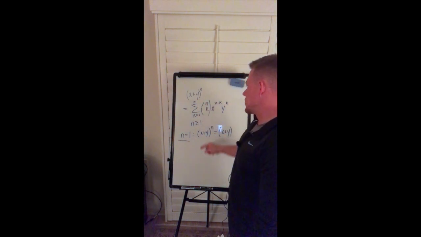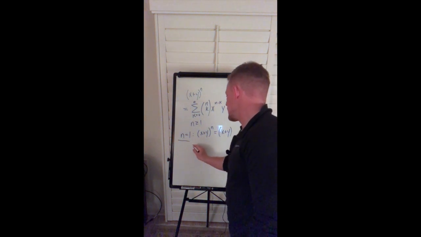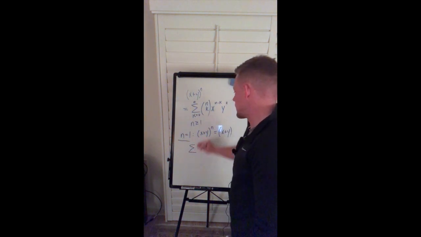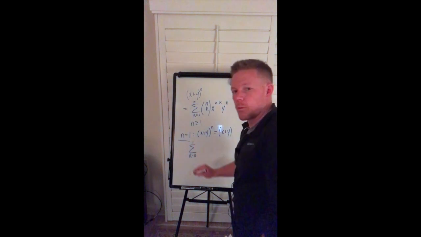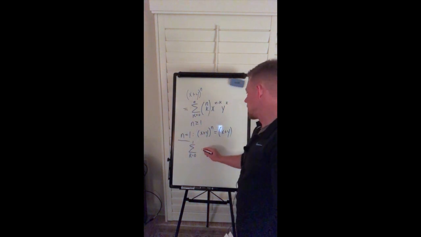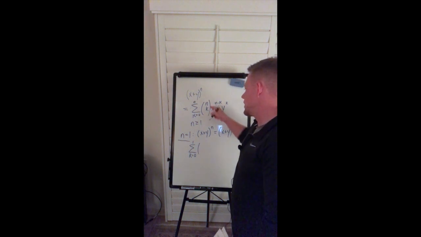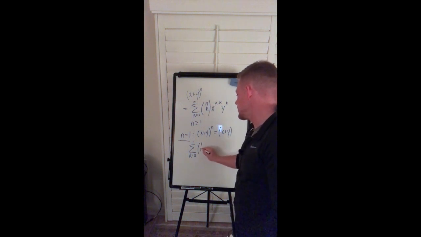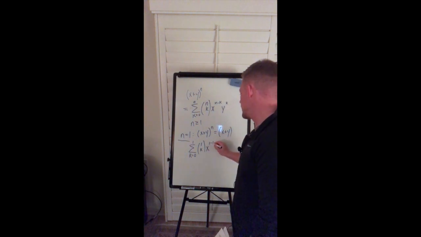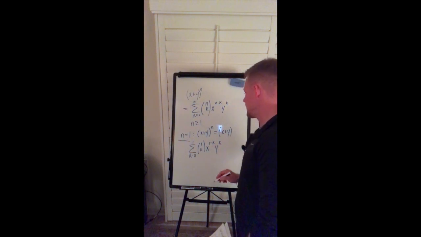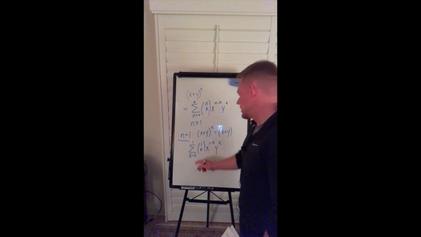We're saying n equals 1, so we're going to do the summation from k equals 0 up to 1. N is 1, so 1 choose k of x^(1-k) y^k. Now we can just plug in our k's and solve for that.